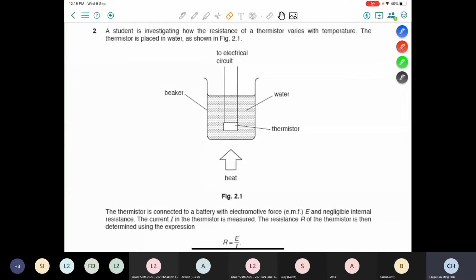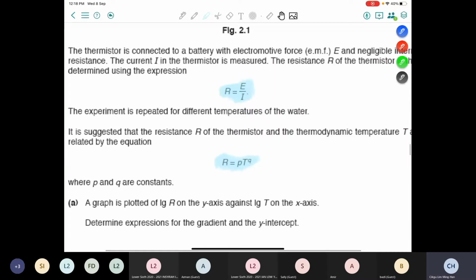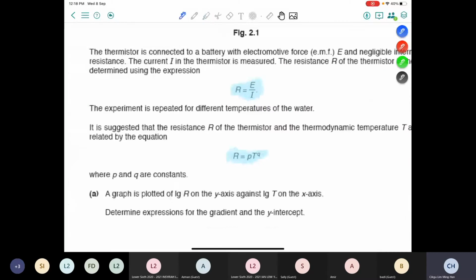Alright, maybe now you roughly have the idea of what question 2 is about. Surprisingly, there are 2 expressions given to you. We have R equal to E over I, and then another one, R equal to P T to the power Q. So you need to be careful what you should use.